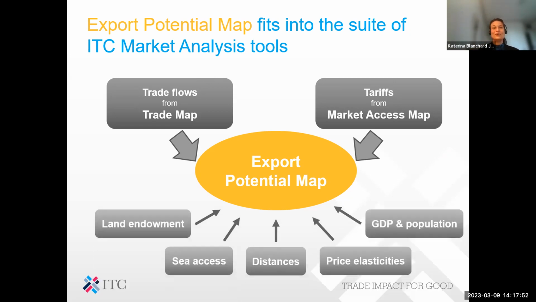And besides that, we take data also from other sources. We include the information on GDP growth and population growth, the information on land endowment, sea access, for example, distances, and price elasticities. So all this data is input into our model in order to assess the export potential for different products and markets.